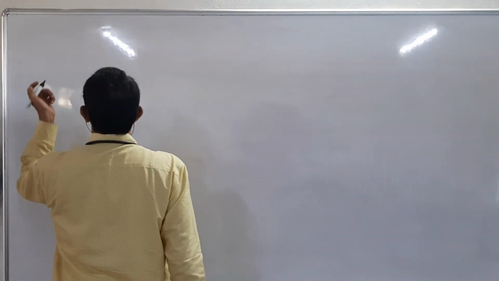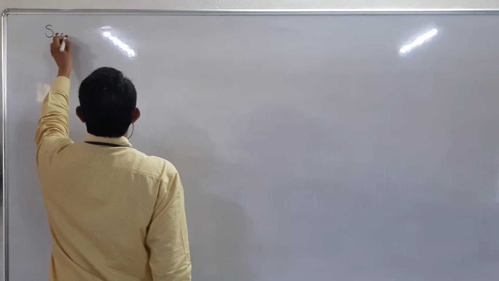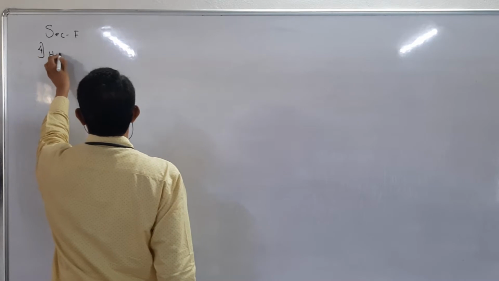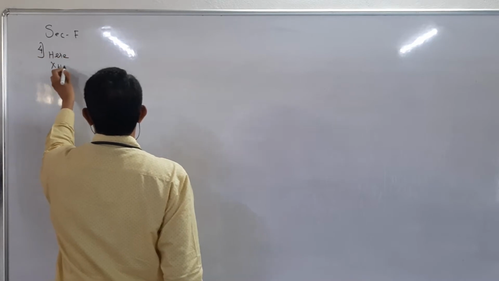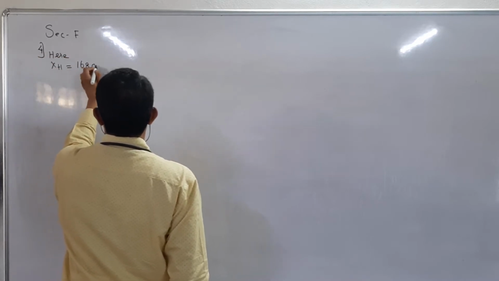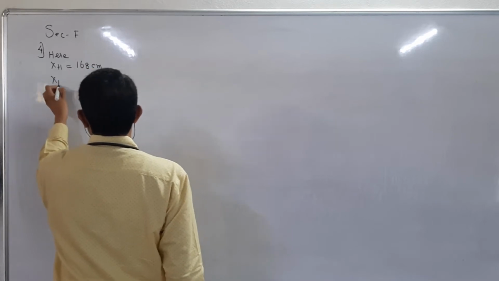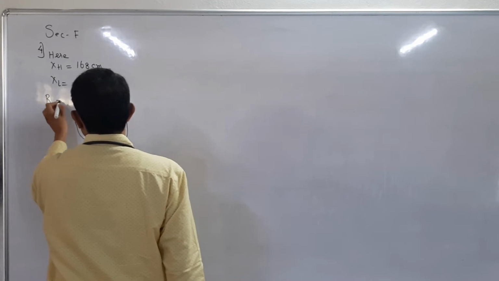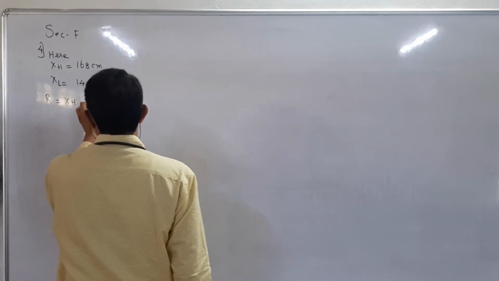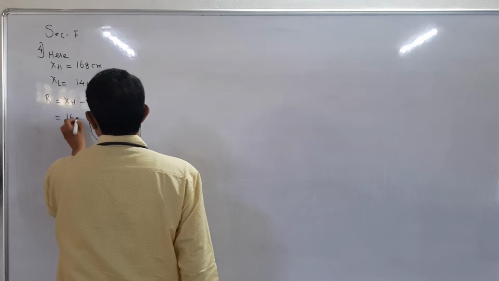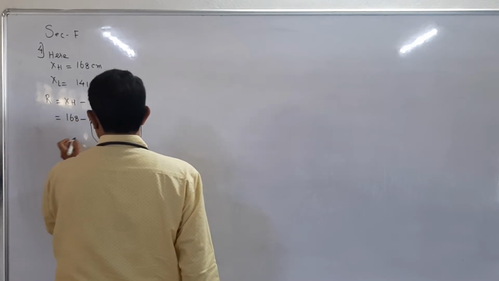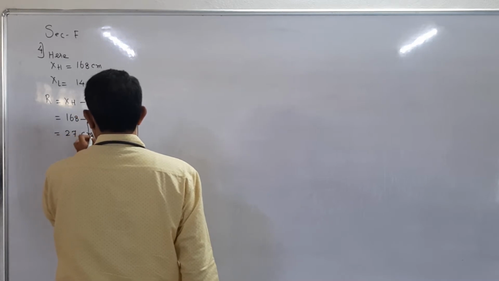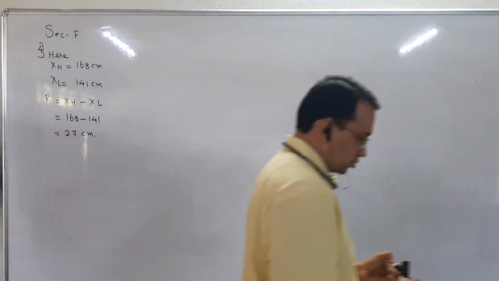Okay, students, section F, sum number 4, we are writing here XH is equal to 168 centimeter, XL is 141 centimeter, so range is equal to XH minus XL, 168 minus 141. So the range is 27 centimeters.